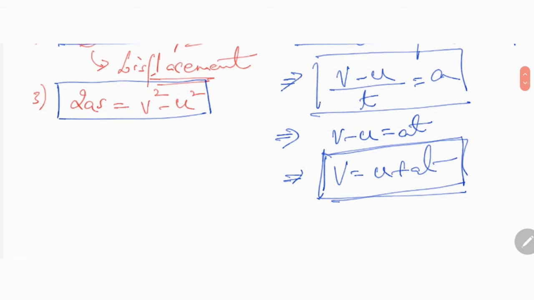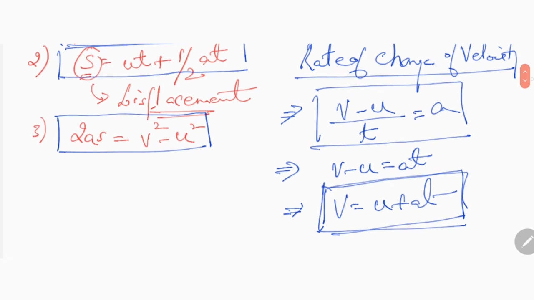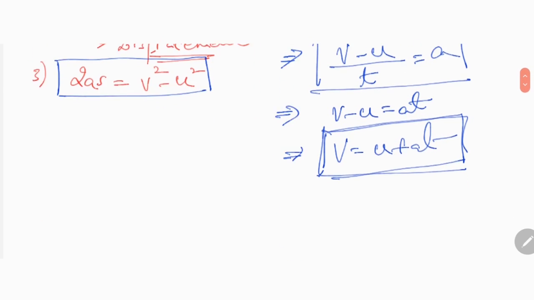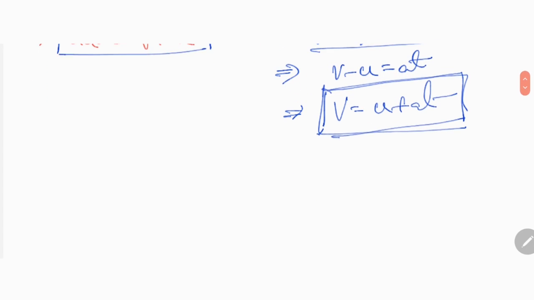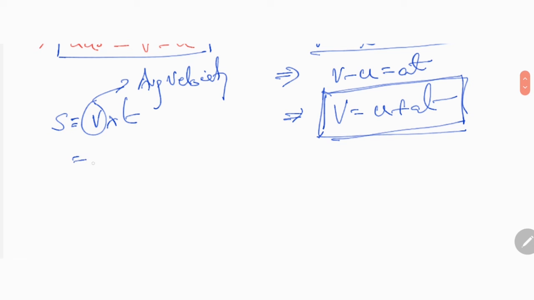Now let's try and derive the other formulas. Okay, now what is your average? We all know that distance traveled, s is equal to v into t. And what is this v? This is the average velocity, right? And what is our average velocity?